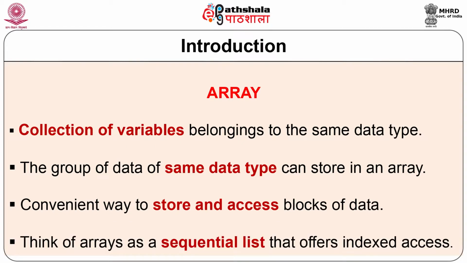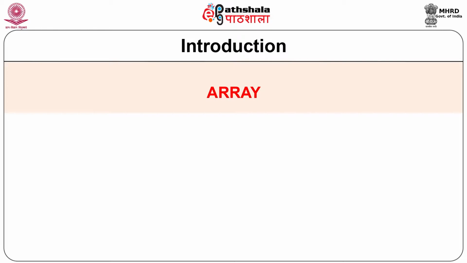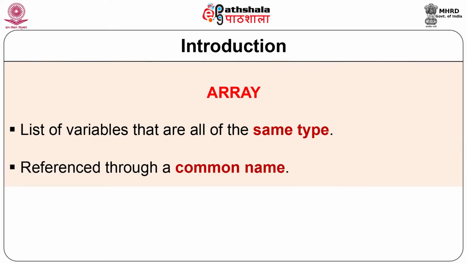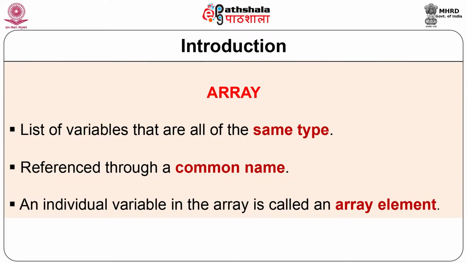Think of array as a sequential list that offers indexed access. Array can be treated as a list of variables of the same data type, that is, a list of integer variables or a list of character variables. Array is referenced through a common name and individual variables in the array are termed array elements.